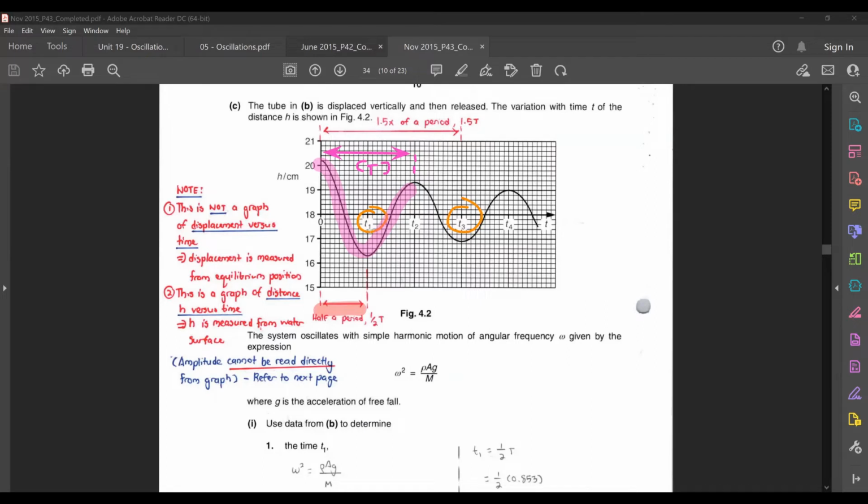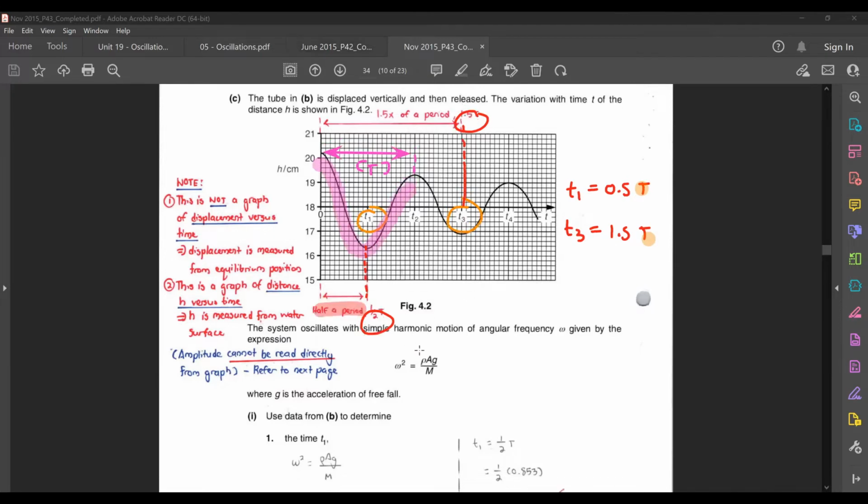If you see from here, T1 is half a period, whereas T3 is 1.5 period. T1 is half a period, T3 is 1.5 period. So if only you can find out the period, you can then find out what is T1 and T3.